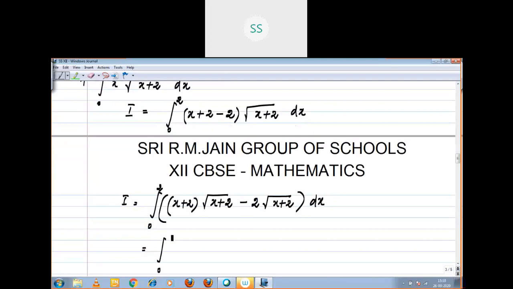Integral 0 to 2 of (x plus 2) the whole power 3 by 2 minus 2 into (x plus 2) the whole power 1 by 2 dx. Here I didn't adopt substitution. Directly I am going to integrate.